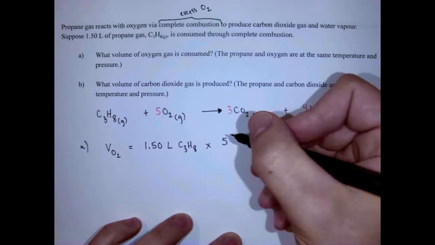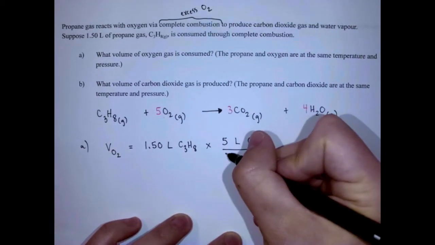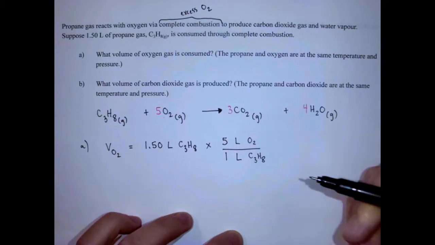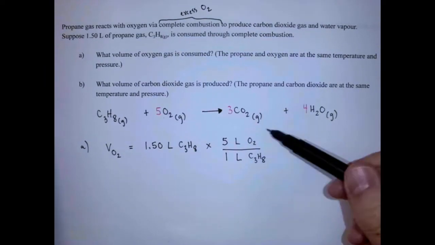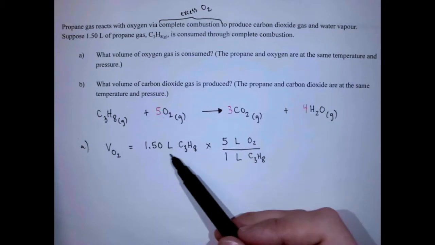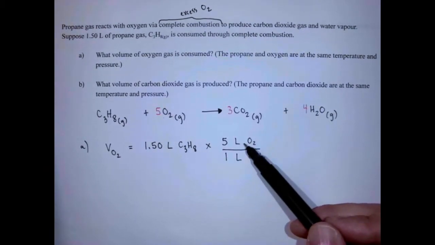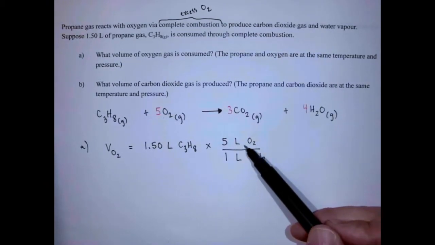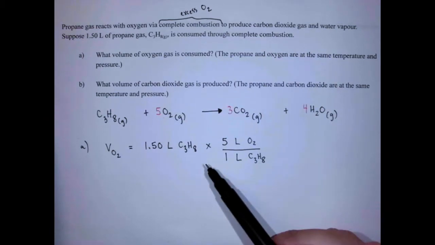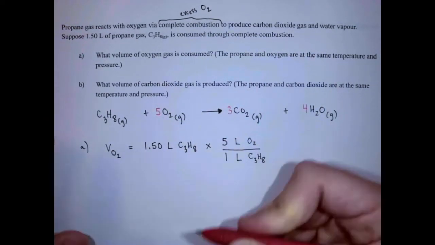Well, I consumed 5 liters of O2 for every 1 liter of propane. And notice my conversion factor here. I'm using unit analysis. I start out with the unit I have with the measurement, and then in my conversion factor, I put the unit I want on the top. So I want liters of O2. I have liters of propane. So liters of propane are going to cancel out when I perform the calculation.